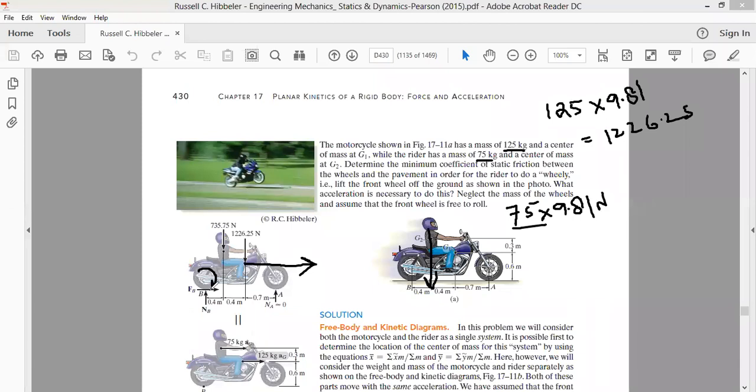Always remember, this is very, very important: as far as the direction of the frictional force is concerned, look at the motion of this wheel. The sense of rotation of the wheel is clockwise. The force of friction will oppose the motion of this wheel. That is, the force of friction will be created in such a way that it produces a torque on the wheel, a reaction moment that tries to rotate the wheel in the anti-clockwise direction.